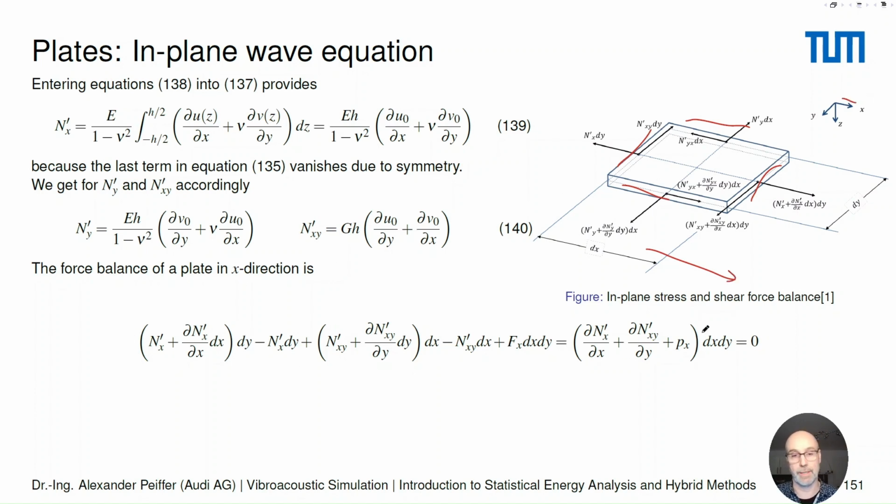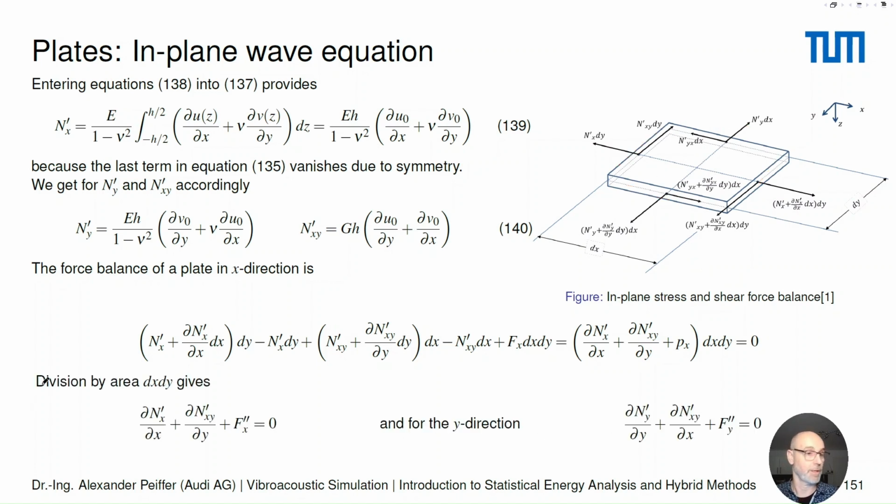If we do so, we end up with the final force balance in x direction, which also includes the pressure in x, an external force per x direction given by this. If we divide this by the area of this plate element, we get two expressions for the force in x and in y direction, similar to what we have done for the solid material for the cube. So the cube is replaced by a small quadratic shell element in this version.